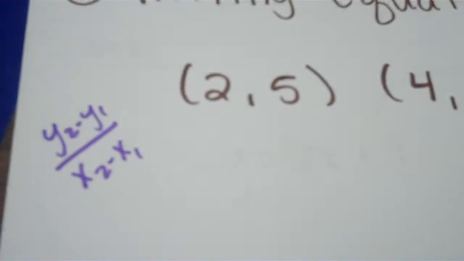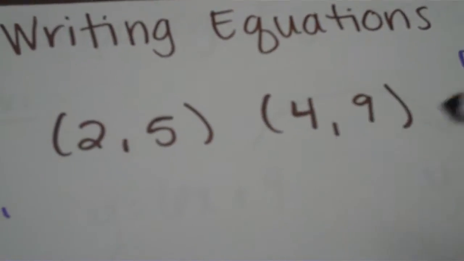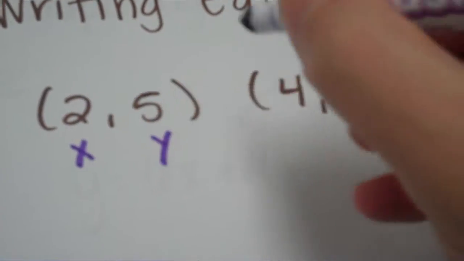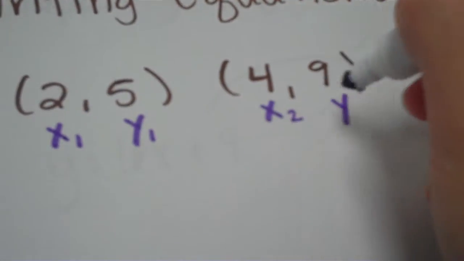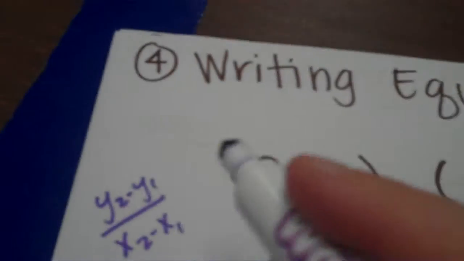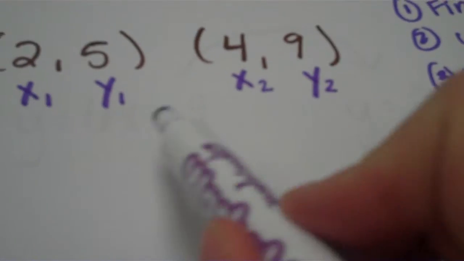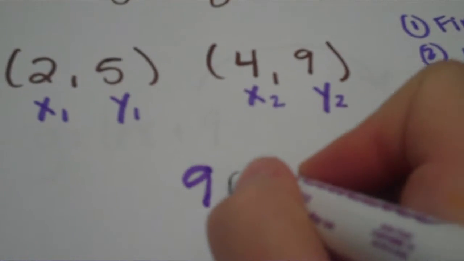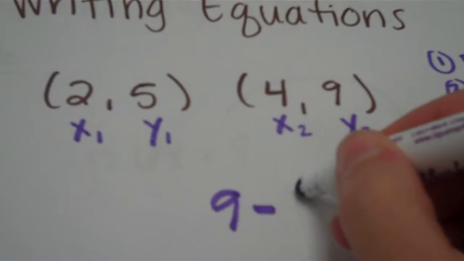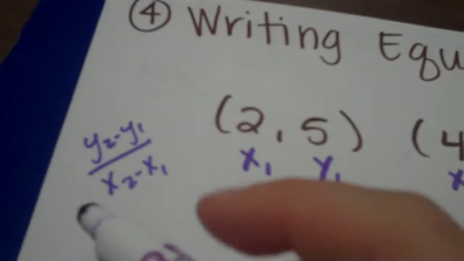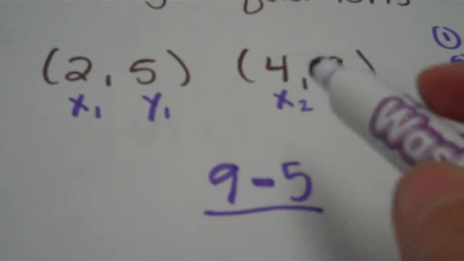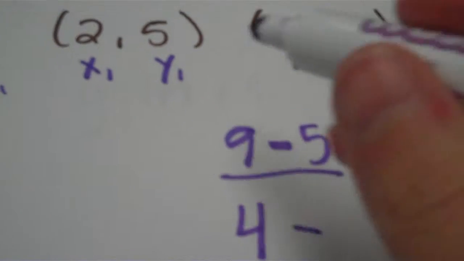So, we have to find our slope here. And if you don't remember how to find slope, this is the y2 minus y1 over x2 minus x1 stuff. Okay? So, I'm going to label my points, x and y. And I'll put 1s here and 2s here. Okay? So, y2 minus y1. y2 is 9 minus y1 is 5, over x2 minus x1. x2 is 4 minus x1 is 2.